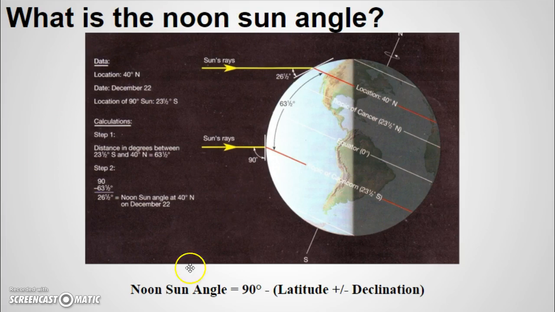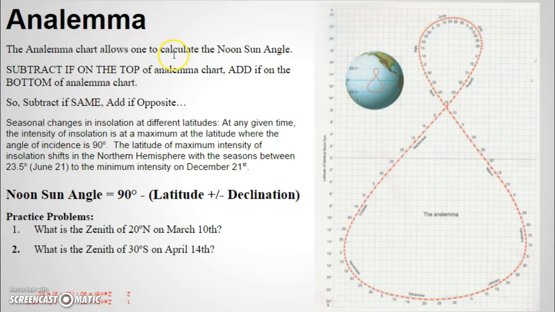So what is the noon sun angle? Well, we can calculate it. The noon sun angle is going to be 90 degrees minus the latitude provided plus or minus declination. There's a couple rules to it. If I look at this picture here, we would say very safely that this is the winter solstice, December 21st. If I look at my Analemma chart, the Analemma chart allows one to calculate the noon sun angle.